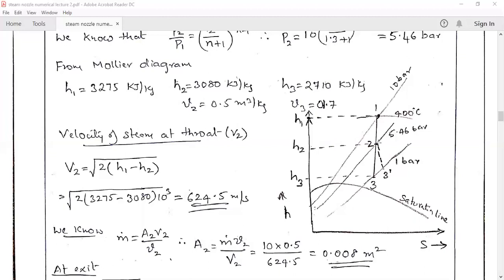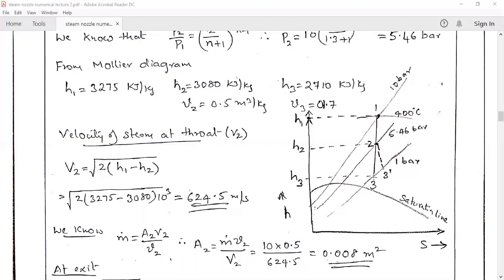Since we need to calculate the area, you need the specific volume. As I said, the specific volume lines are the dotted lines which run next to the pressure lines. So get the value of V2.